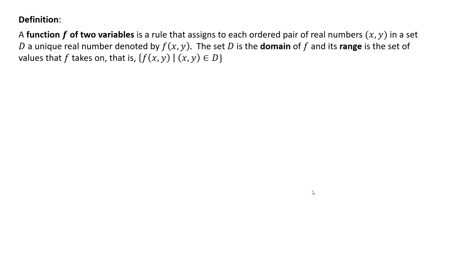A function f of 2 variables is a rule that assigns to each ordered pair of real numbers x, y in a set D a unique real number denoted by f of x comma y. Okay, what?